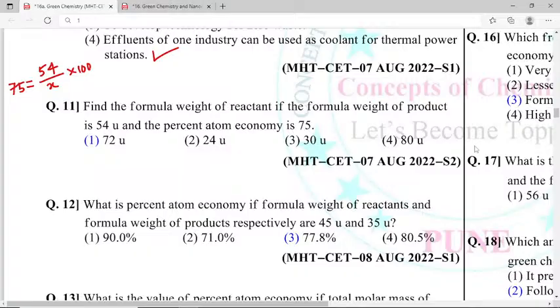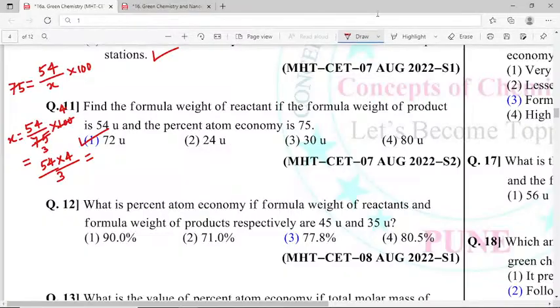So X equals 54 divided by 75, multiplied by 100. This is 4 by 3, so 54 multiplied by 4, divided by 3. Answer is 72 u, unified mass. Okay, get it? So please note down, this is a very important question for your CET exam.